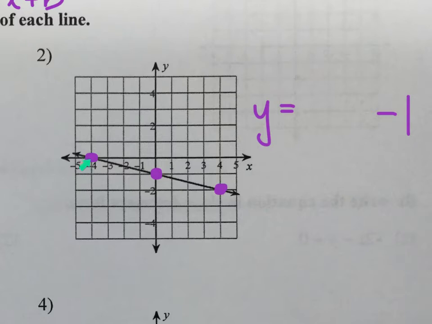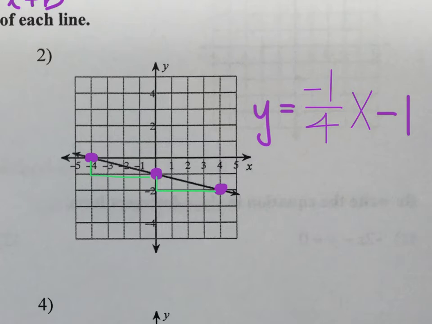I'm going to do down 1 and then over 1, 2, 3, 4. So that is -1 over 4. I can do the same thing on this other one, down 1 over 4. It should be the same slope all the way across since it's a straight line. So my slope is going to be -1 over 4x, because it's y equals mx plus b.